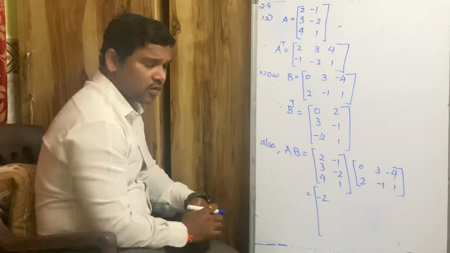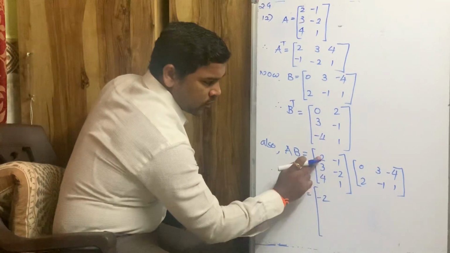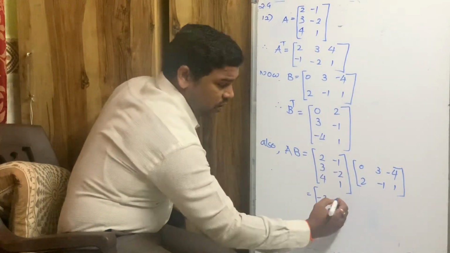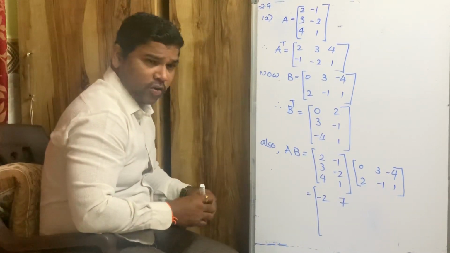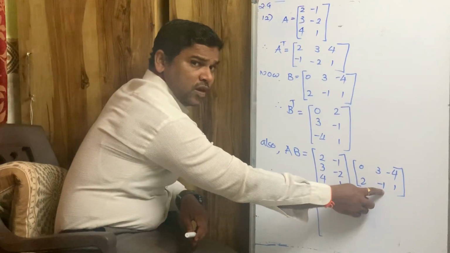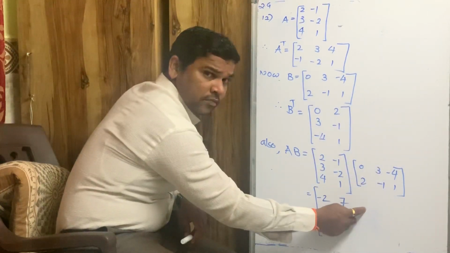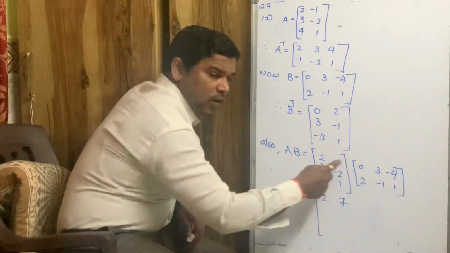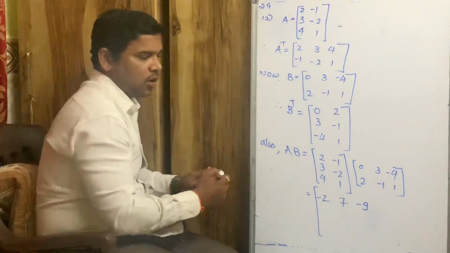Then first row, second column: 2 into 3 is 6, minus 1 into minus 1 is plus 1, so 6 plus 1 is 7. Then first row, third column: 2 into minus 4 is minus 8, minus 1 into 1 is minus 1, minus 8 minus 1 is minus 9. Are you getting it?